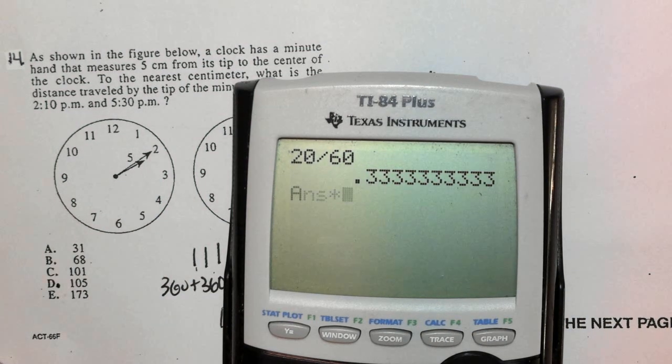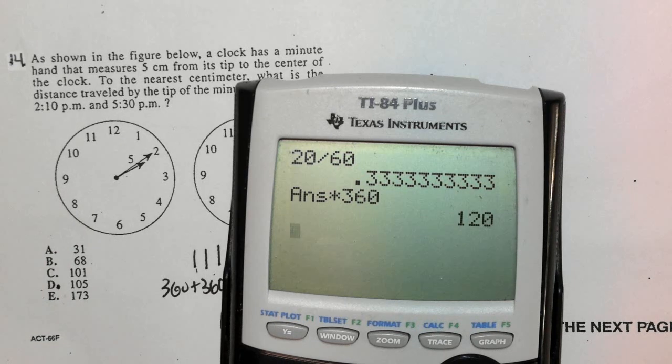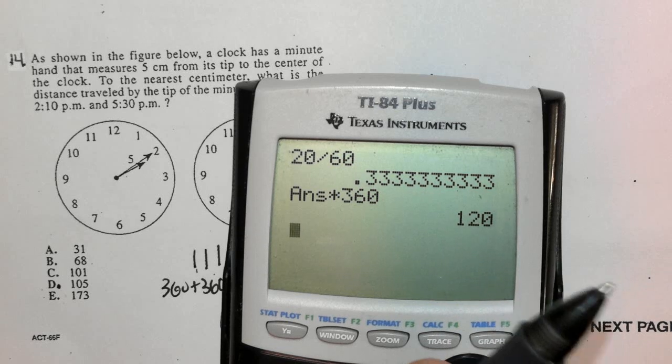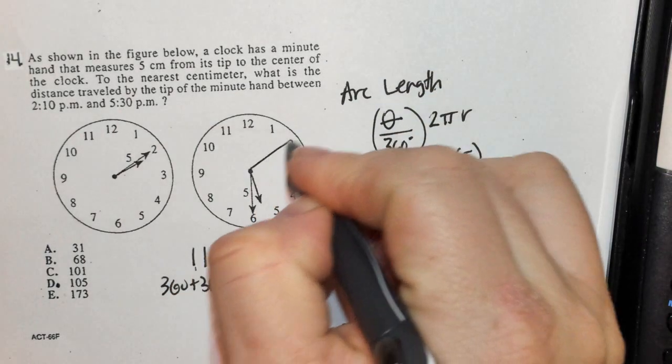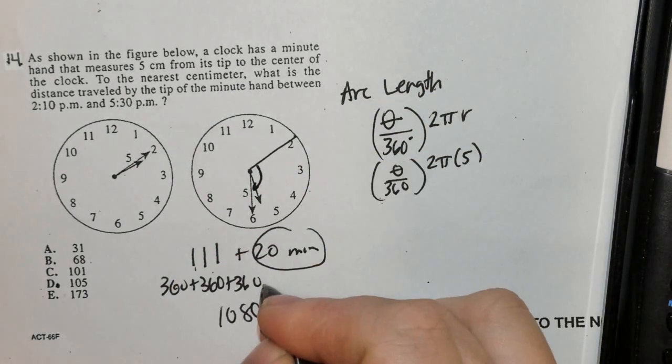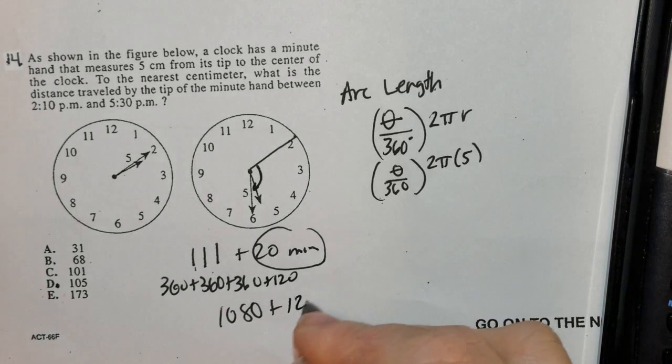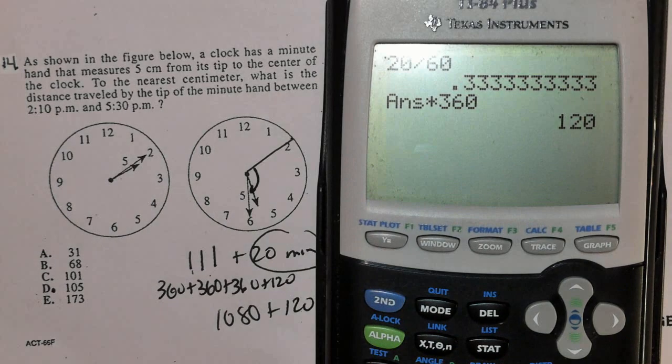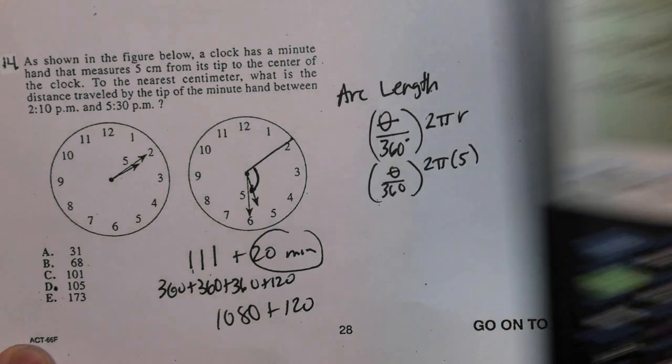Remember, our circle is 360 degrees. That means 20 minutes covers 120. So from here to here is 120. So I take 120 plus the 1080, and I end up with 1200.